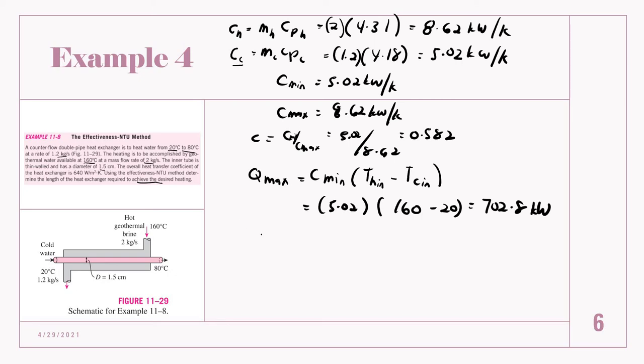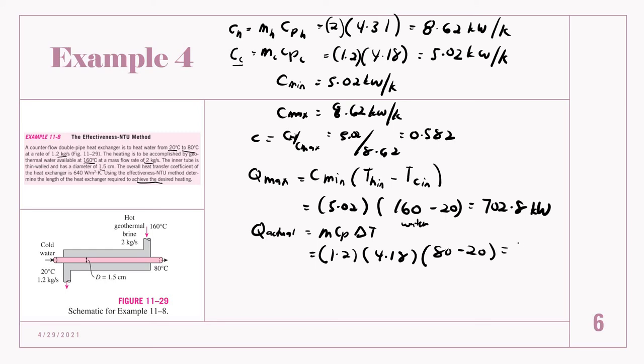To calculate the actual heat transfer rate, we can use the heat balance formula, which is m Cp delta T. We calculate for the water here. The mass flow rate for the water is 1.2, Cp for the water is 4.18, times T out minus T in. T out is 80 for the water minus 20 for the water inlet.